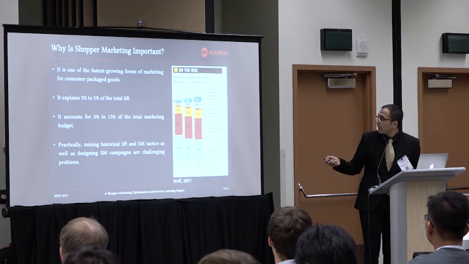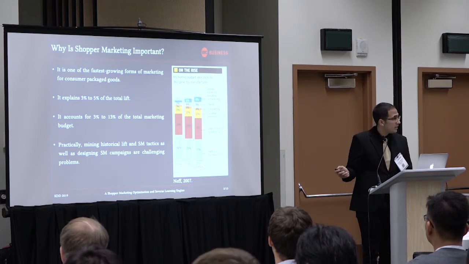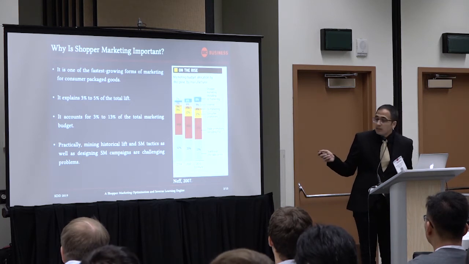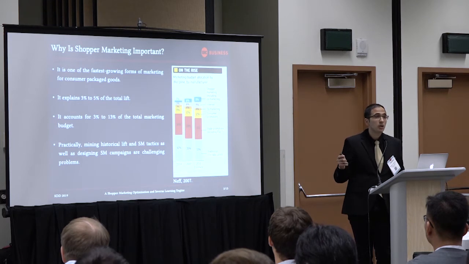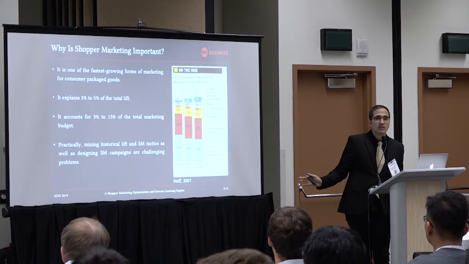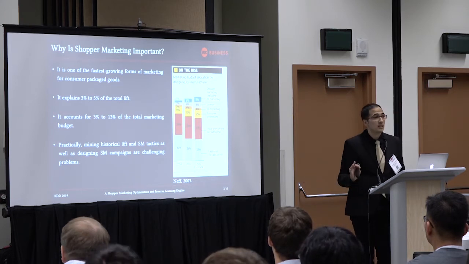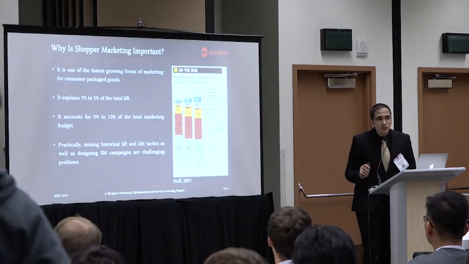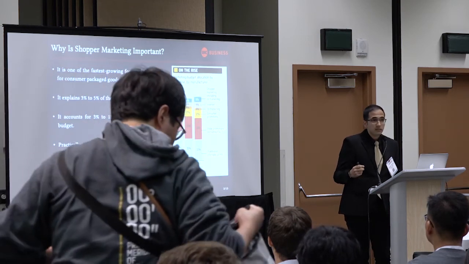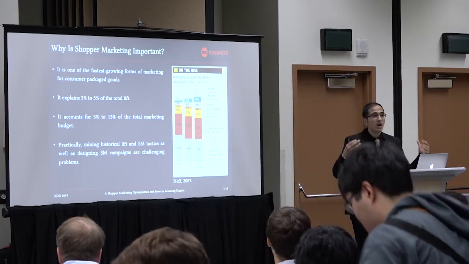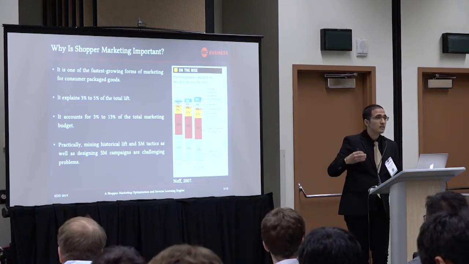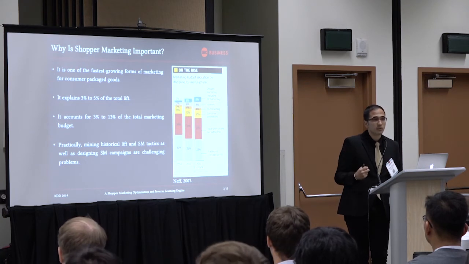If you look at this chart, from 2002 to 2010, the share of shopper marketing in the total budget increased from 3% to 8%, and around 2017, this percentage is 13%. Also, from a practical perspective, this is a challenging problem to first mine the historical marketing campaign data and lift data, and based on that knowledge, design marketing campaigns for the future.